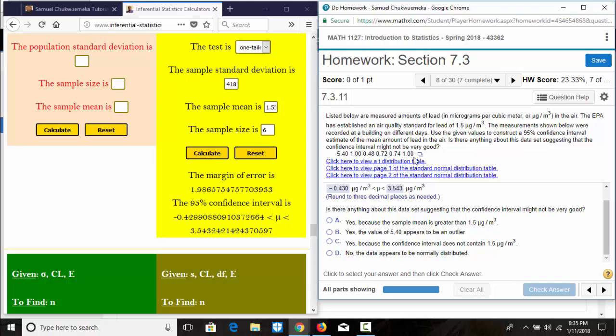For them to ask us to construct the confidence interval, even though they didn't say it in the question, we assume that the population of the amounts of lead in the air are normally distributed.